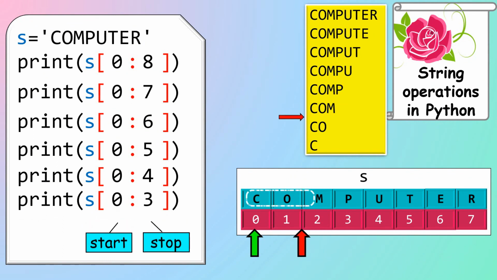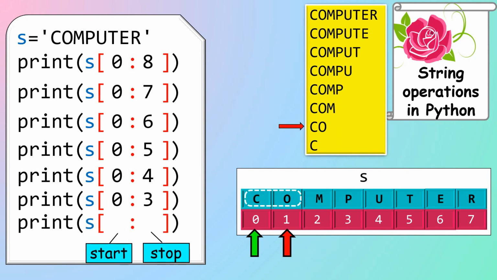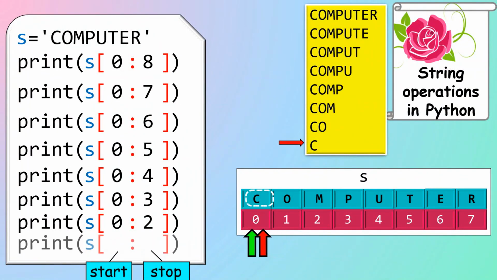And to print CO, the start index must be 0 and the stop must be 2. And finally, to print the first character of this string, that is C, the start index must be 0 and the stop must be 1. Then only Python will print till stop minus 1.